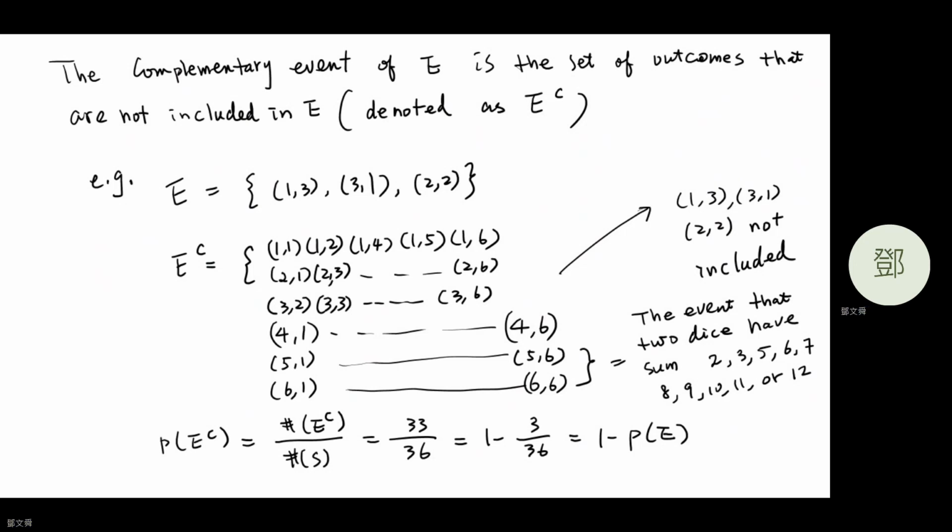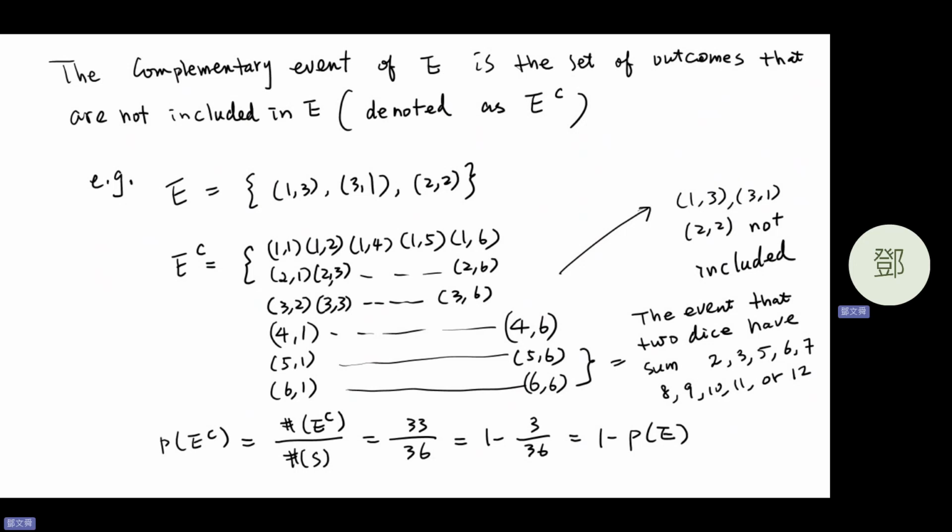So what is the probability of E complement? Defined by the classical probability, it is the number of elements in E complement divided by the number of elements in the sample space, which is 33 divided by 36.